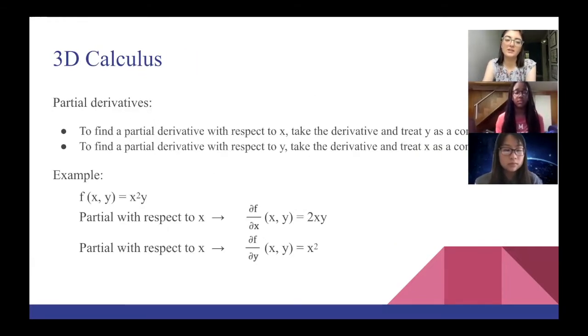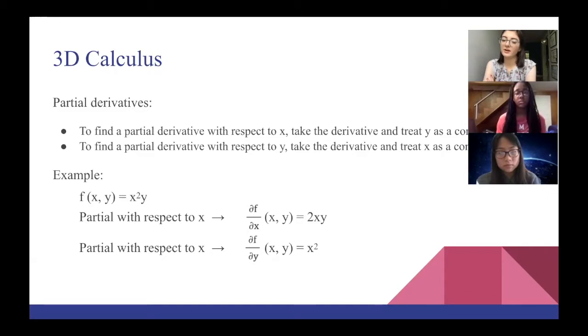So we would like to go through how you find partial derivatives. To find a partial derivative with respect to x, you can take the derivative as you normally would and treat y as a constant. You can see in the first example, f of x, y equals x squared y.